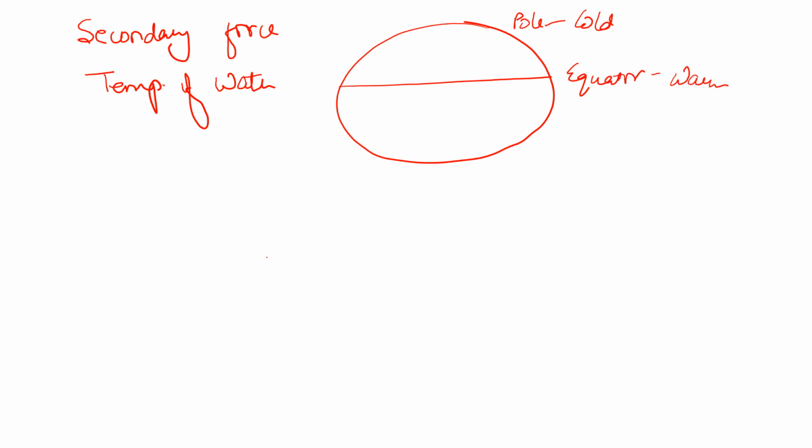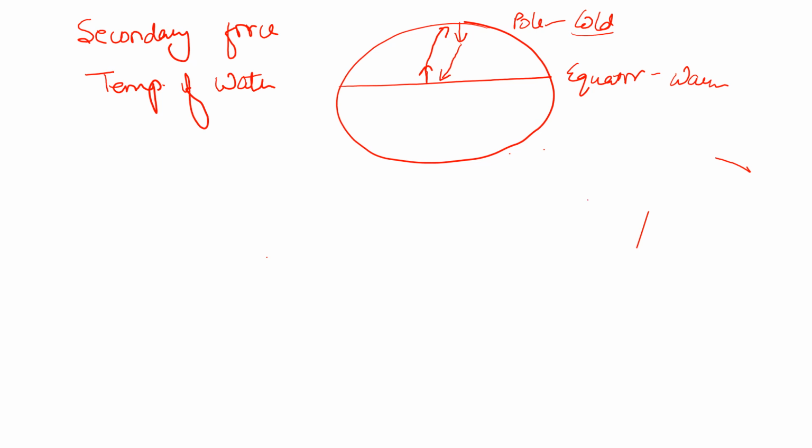So since the cold water is denser, it tends to sink, and the warm water is lighter, it tends to rise. And the water from the equator moves towards the poles, and the water from the poles moves towards the equator. And this leads again to formation of current.